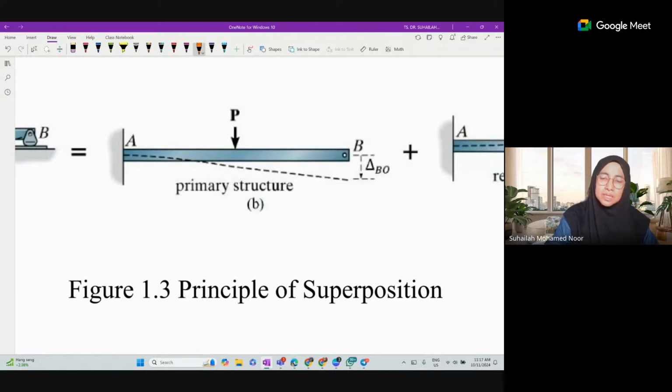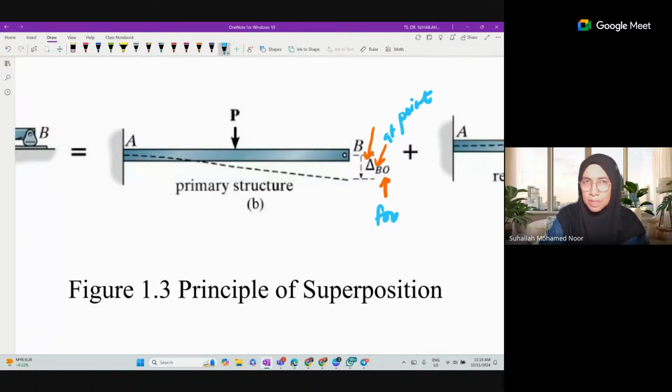This delta is the deflection, or vertical displacement, at position B.